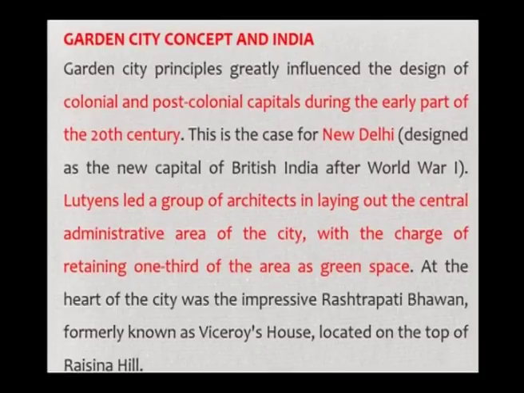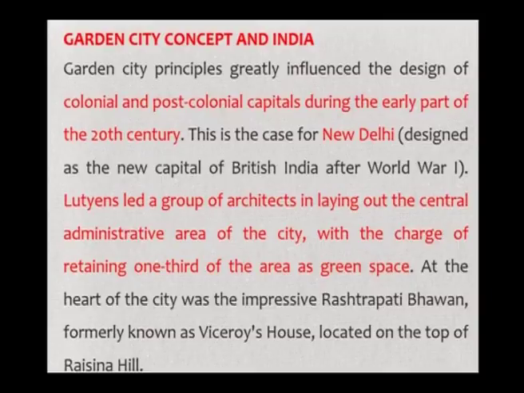Now we will discuss how the garden city concept was applied in India. Garden city principles greatly influenced the design of both the colonial as well as post-colonial capitals during the early part of the 20th century.